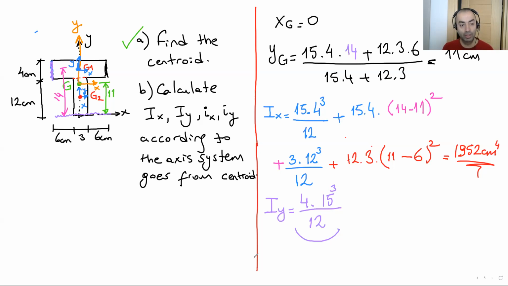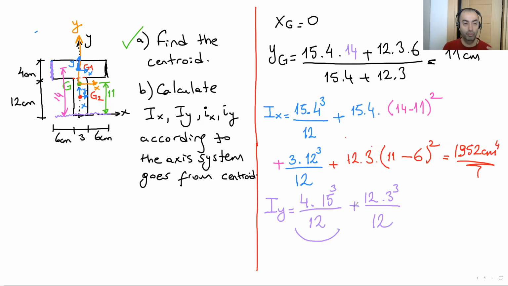Let's have a look at the second one, the bottom rectangle. We are dealing with the y-axis. The parallel edge is 12 times the perpendicular one, 3 cubed over 12. Now we have the moment of inertia of the second rectangle according to its local axis. Are we going to transfer it?